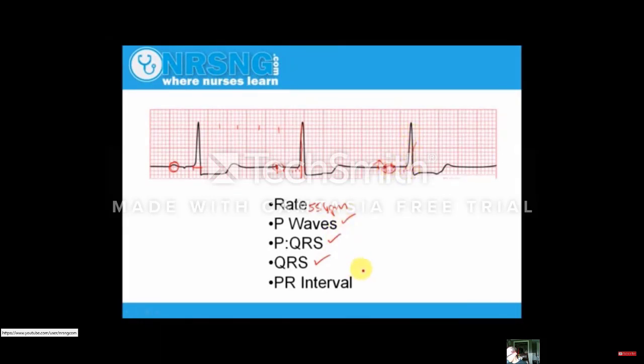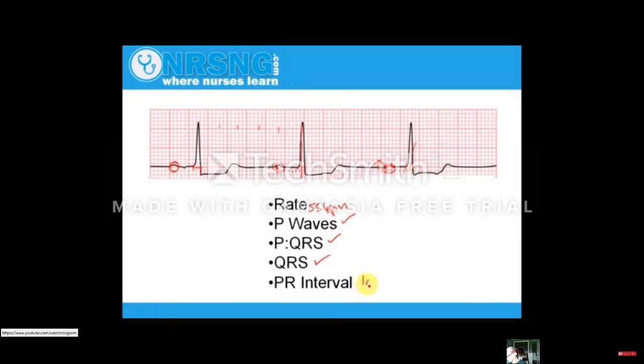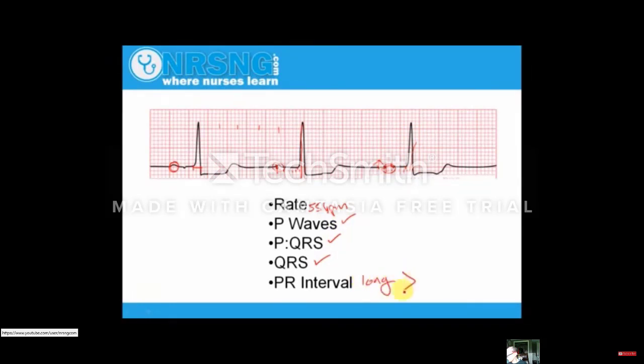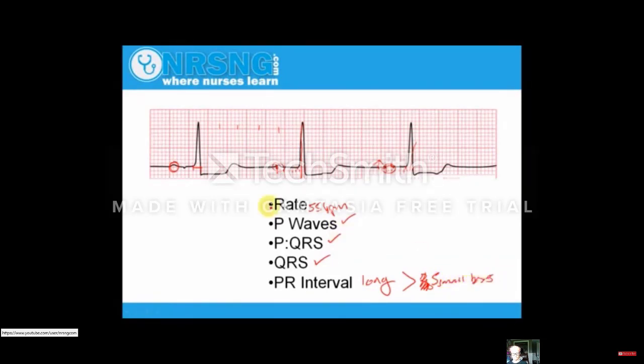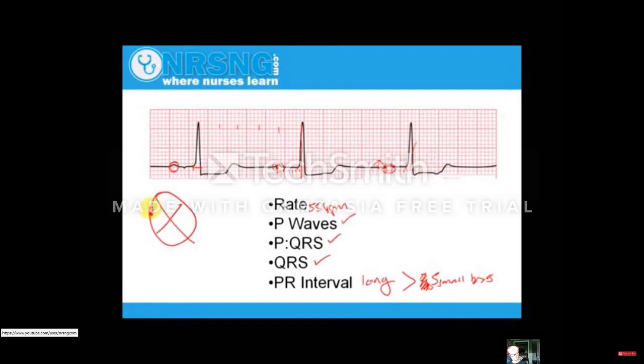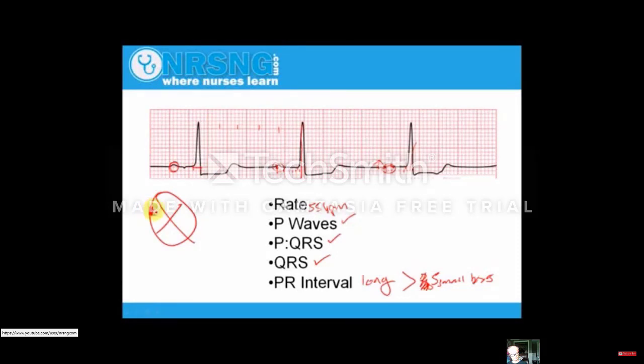So what that's telling us is that here's our heart. Our SA node is firing. It's sending our impulse down here to our AV node, but for whatever reason, we're having a hold up here. So it's kind of holding this a little bit too long, but it is in fact firing, sending that down to our Purkinje fibers.